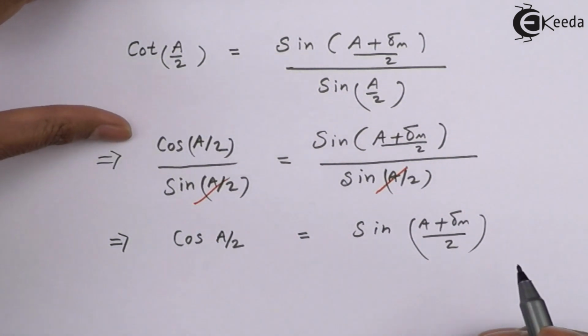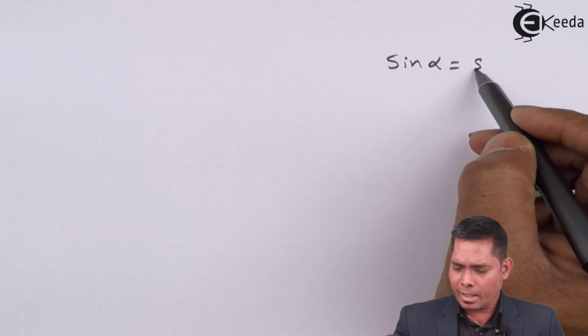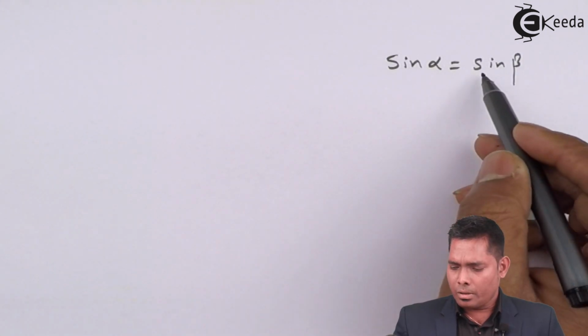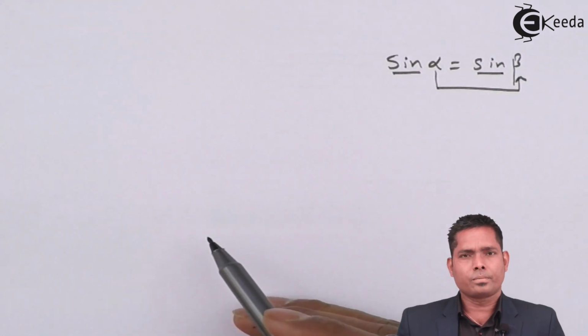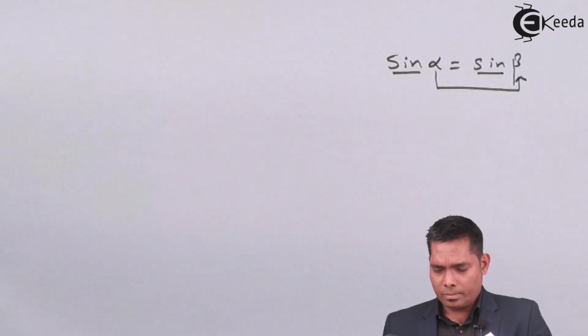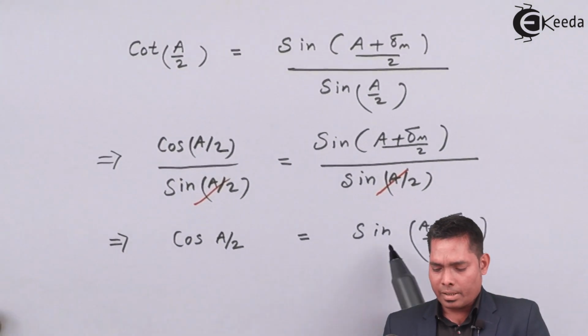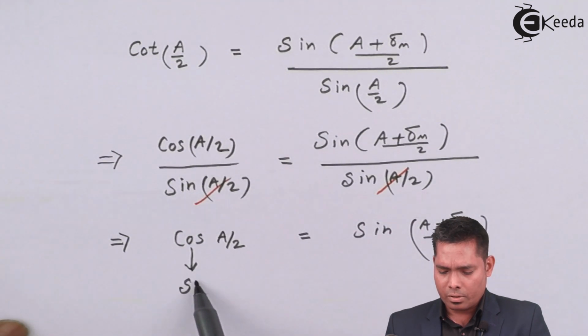Then I can compare the angles. Suppose sine alpha is sine beta, if both are sine, then I can definitely say alpha is beta. Because it is cos here and a sine function there, I will convert this cosine function into a sine function.